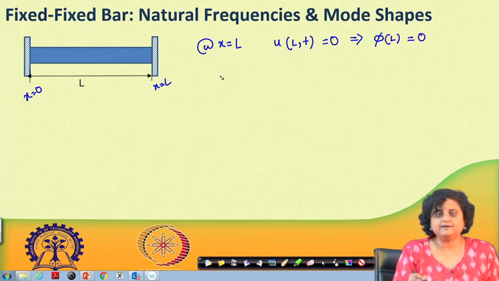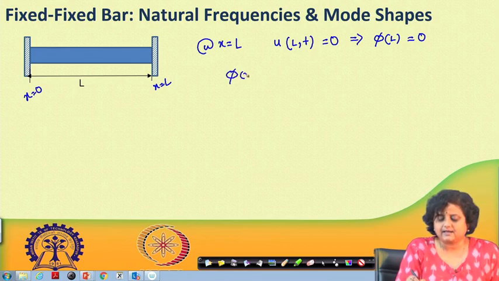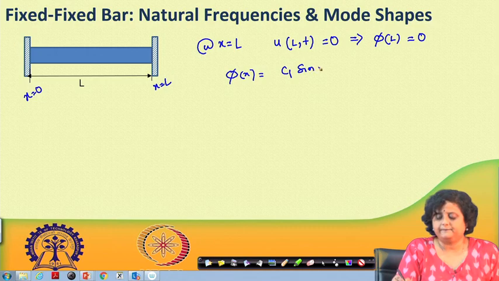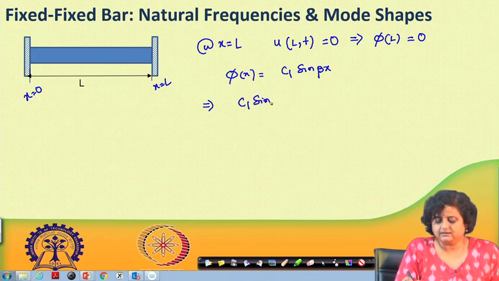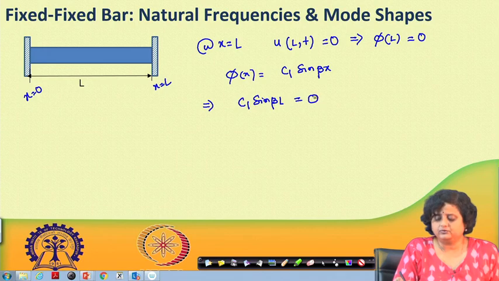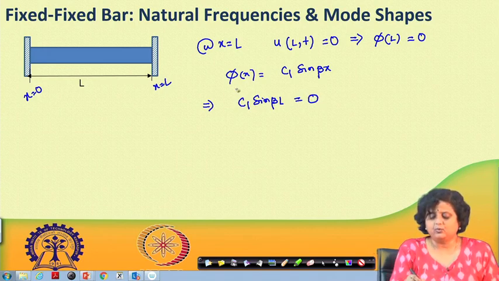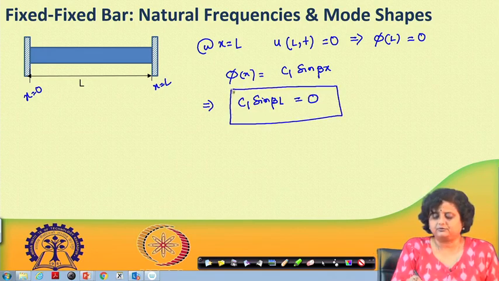Now, I have phi x as C1 sin beta x. Therefore, I can say C1 sin beta L is equal to 0. Now, let us see what is the solution of this expression.